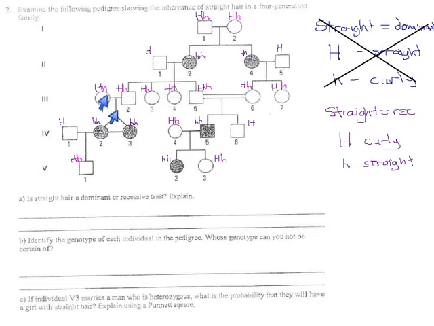The fact that this couple here, individuals 2-1 and 2-2, have had 4 children and all of them got big H, makes it pretty likely that this guy is big H, big H. If he were heterozygous, you'd expect half his kids to get the recessive h from him, and then you'd see some straight-haired kids in their family. The fact that that has not happened yet makes this pretty likely, but am I sure?